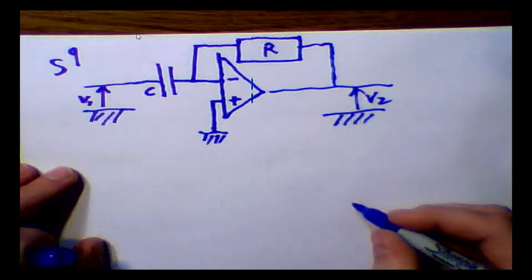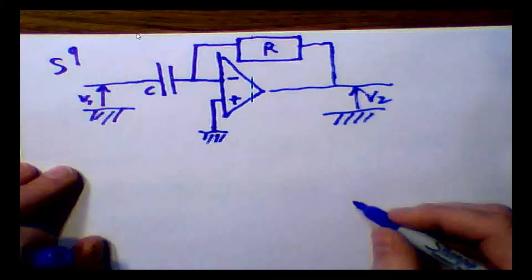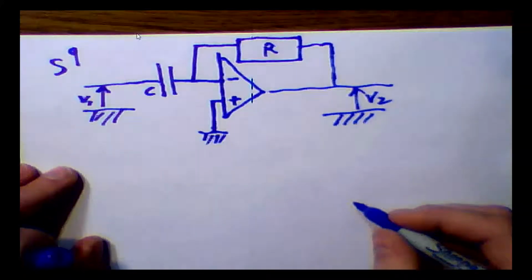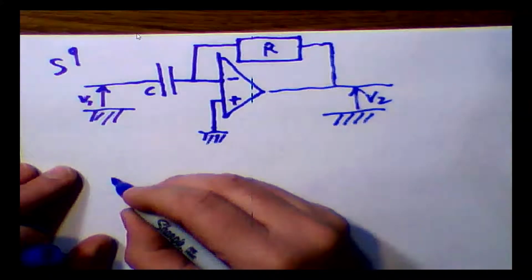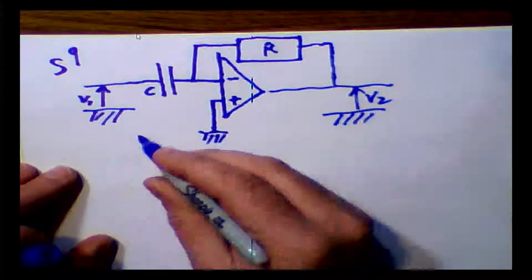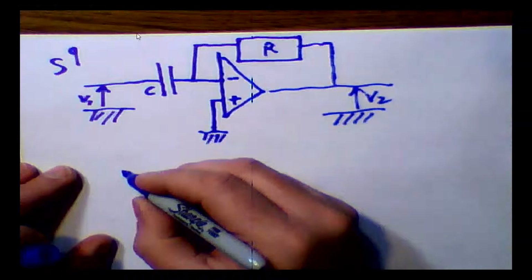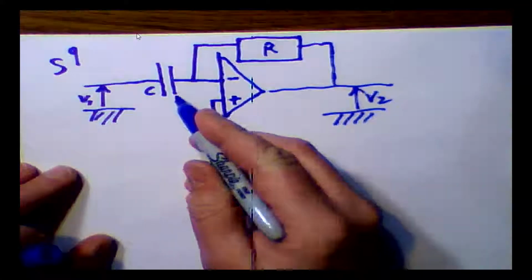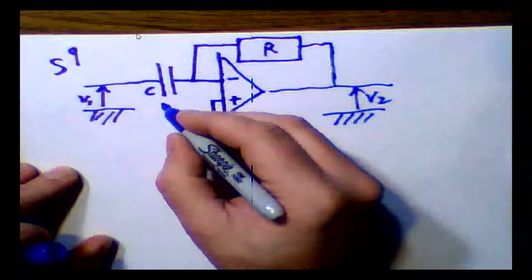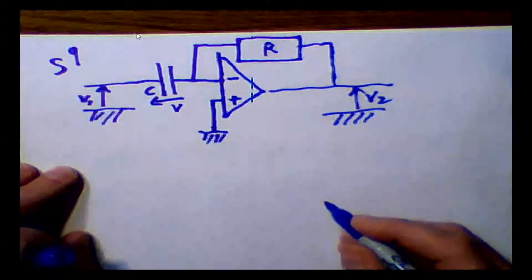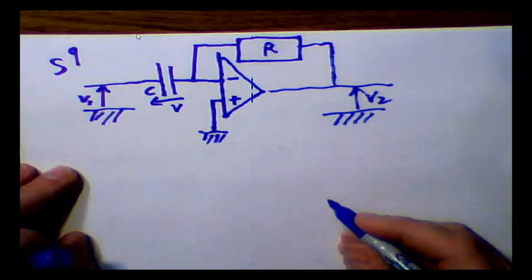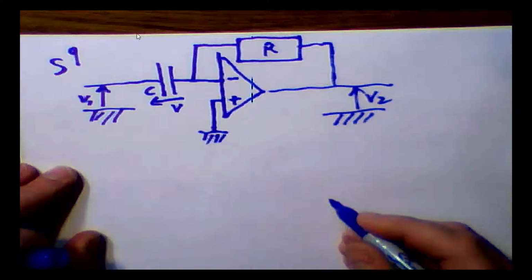So, just like we have seen so far, we have that V1 and the voltage V across the capacitor must relate to each other. Now, how do they relate?